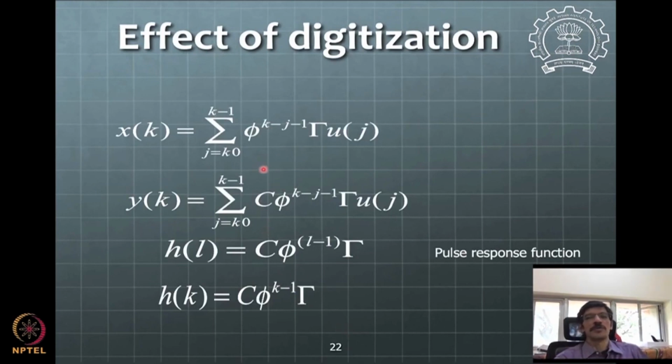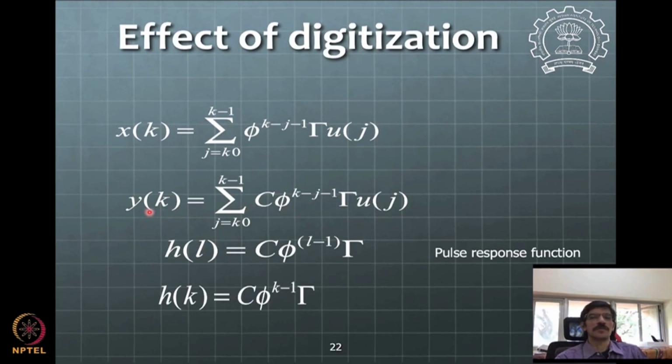So in the convolution way, c times phi raised to L minus 1 psi, where L is our new variable, this function is the pulse response function. So this is like an input u of j convolved with h of L, which is the pulse response function. Then you get your output y.